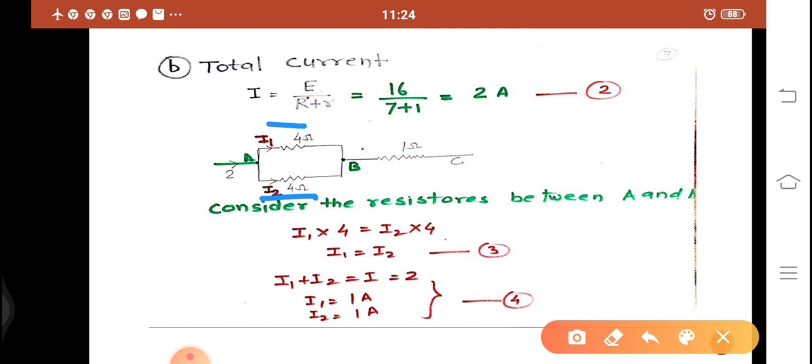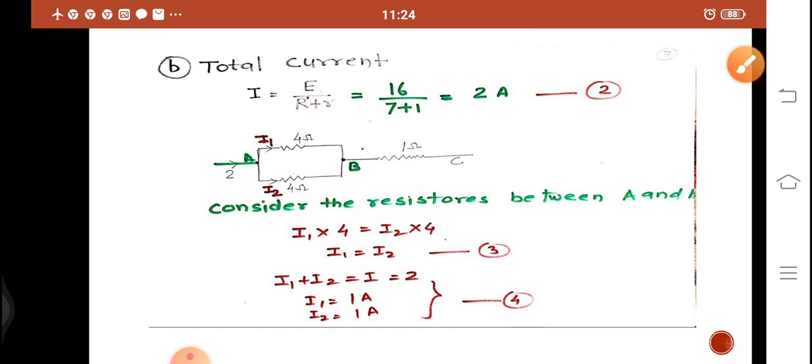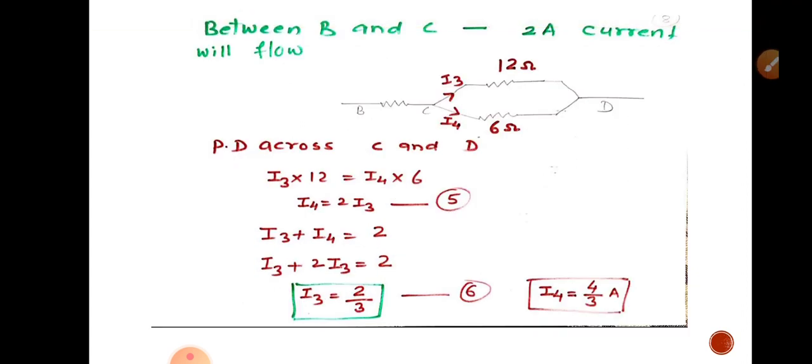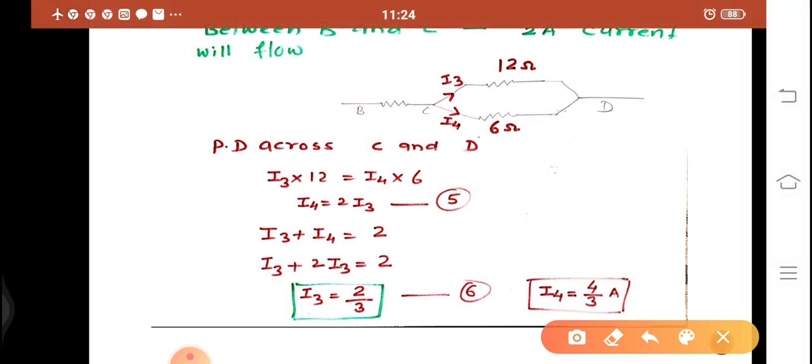So 4 cut, I1 equal to I2. Since I1 plus I2 equal to I, I1 is 1 ampere, I2 is also 1 ampere. Now we will calculate here through this 1 ohm. Definitely through 1 ohm 2 ampere current will go. Between BC 2 ampere current will go.